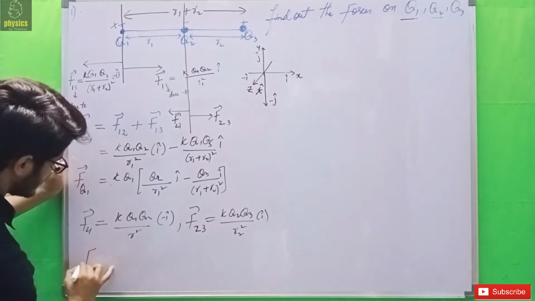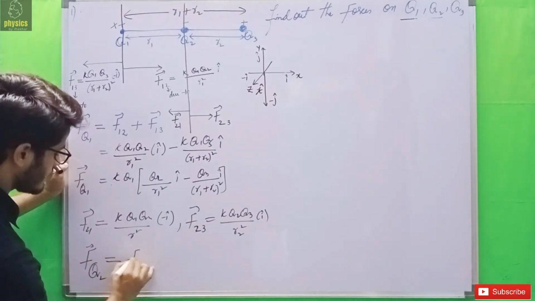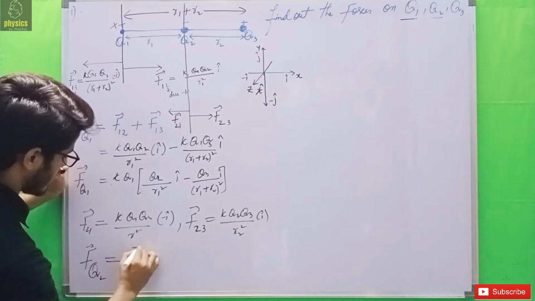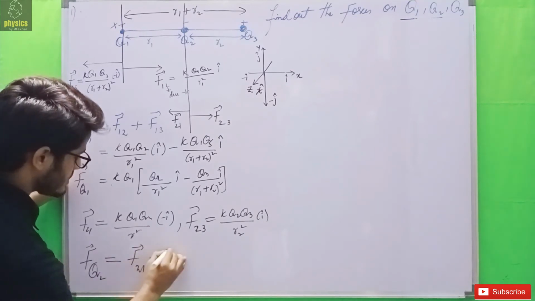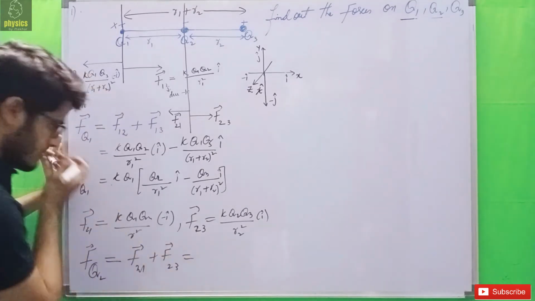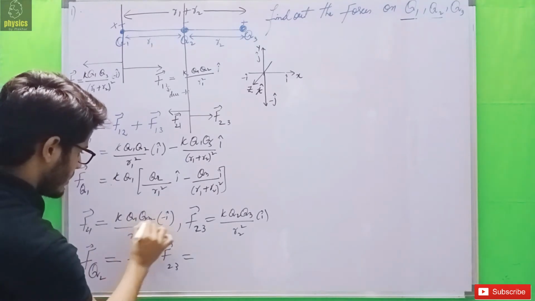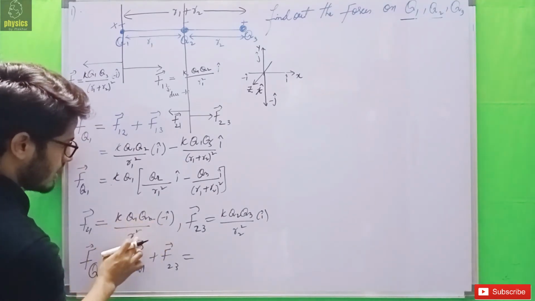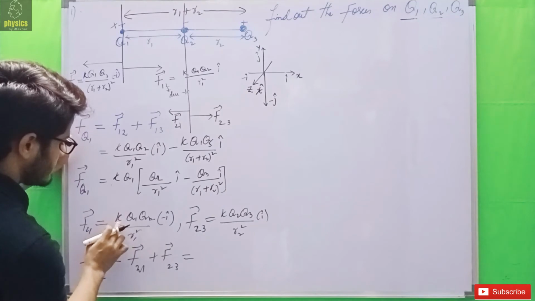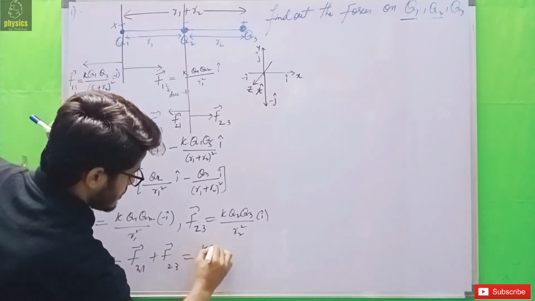So the net force on Q2 will be equal to F21 plus F23. If I add them up, what is the common thing? The common is K Q2.